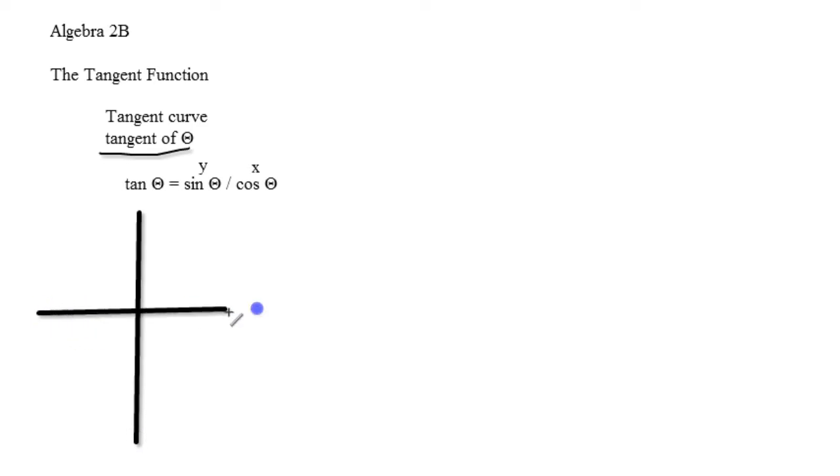Like for example, if we were working inside of our unit circle and we drew a triangle that looked like this, here's my x, here's my y, and here's my actual theta, sine would just be this, cosine would just be this. Well, tangent is opposite over adjacent, and so that's where we get the y over x. That's really kind of cool how it works that way.